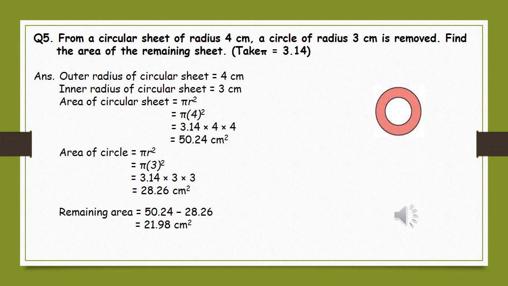So, if we remove the inner part, we are getting the rim which is shaded with red color. So, we are subtracting the area of the inner circle which is shown with white color from the bigger circle, that is 50.24 minus 28.26, and we are getting the final answer 21.98 centimeter square.